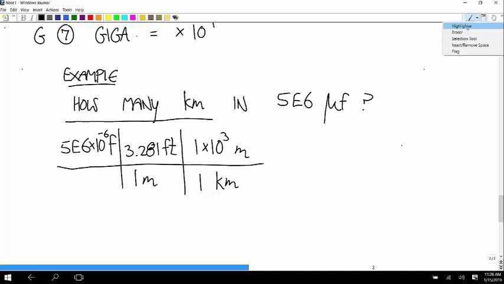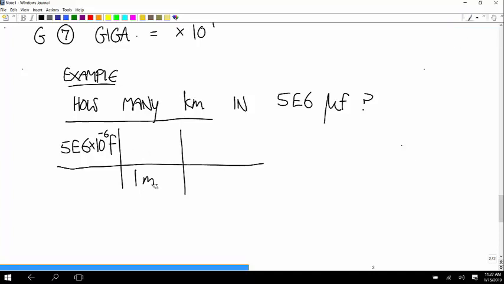And I put those in order because we want the meters to cancel. So we want feet. Oh yeah, I did this. I did the second one wrong. Okay, let's pretend I didn't do any of this stuff. So we need to cancel the feet.